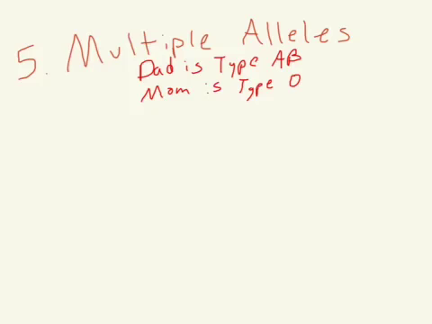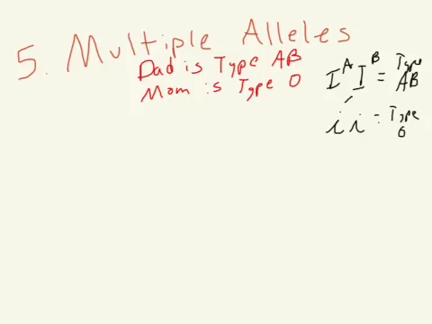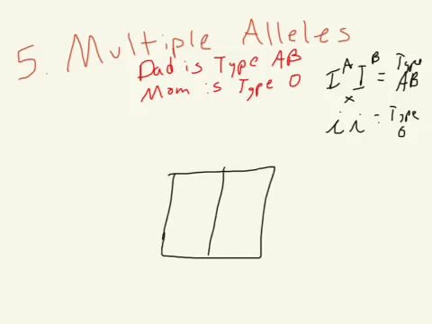So in this case, we have dad being type AB and mom being type O. So if we define our alleles here, we have IA, IB is type AB, and little i is type O. So if we go ahead and we have our parents defined now, this is what our cross is going to look like. So we'll go ahead and set that up.